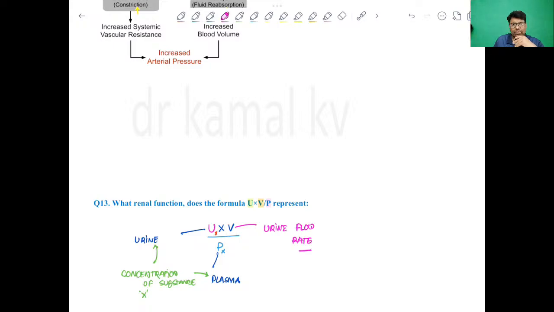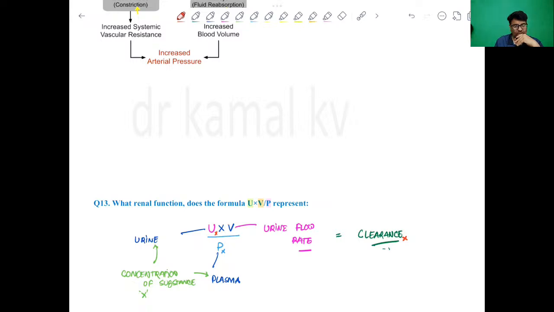Now if you take all these three parameters and put them in this formula, you will get to know how much amount of that substance is actually cleared out of the body. So this is the clearance for the substance X. So this formula is the formula of clearance for a given substance, right?